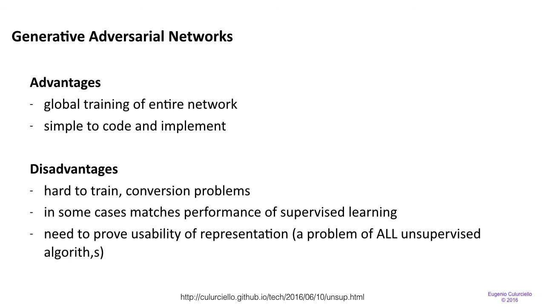In my view, the generative adversarial network had the advantage of training globally the entire network, so you get a good neural network that is trained to do any task, right?